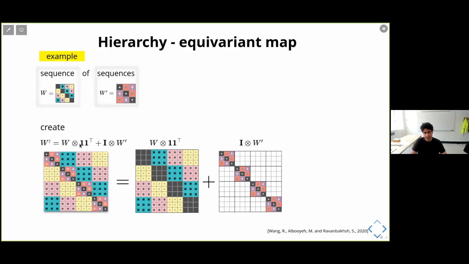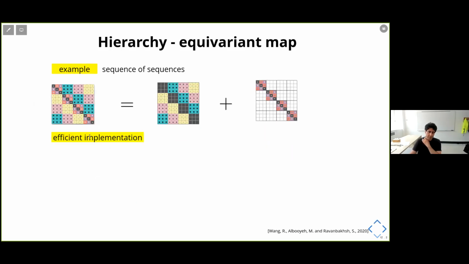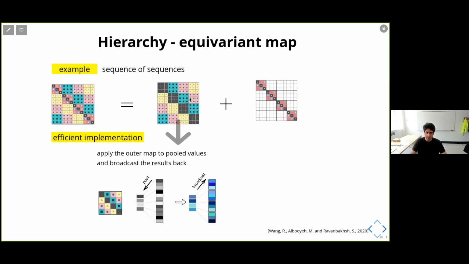So this is going to be our equivariant linear map, but what is it doing? If we look at the efficient implementation of this, it also gives us an intuition. This first map is applied to a sequence of sequences. Here we have a sequence of length 4 of sequences of length 3, for example.